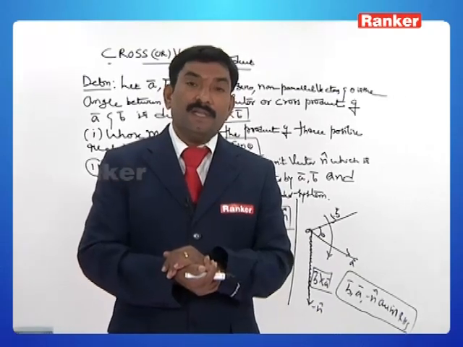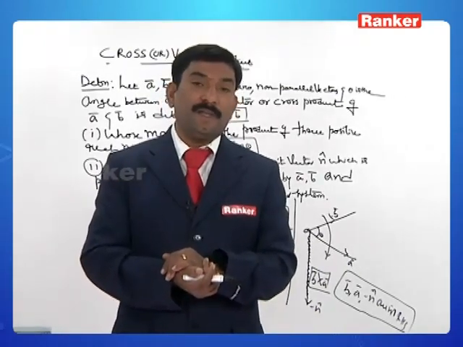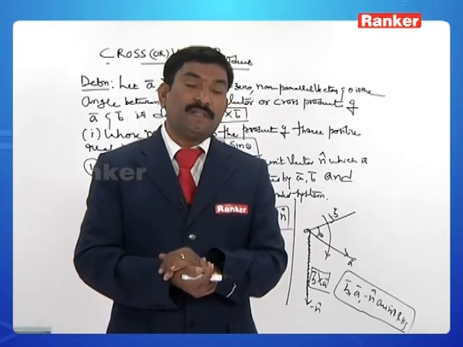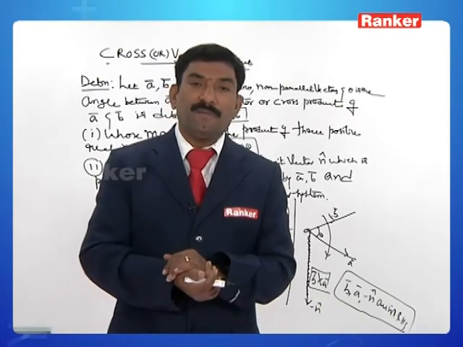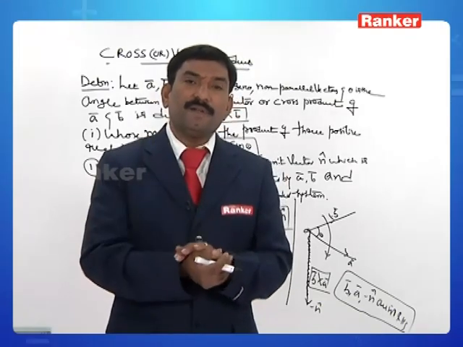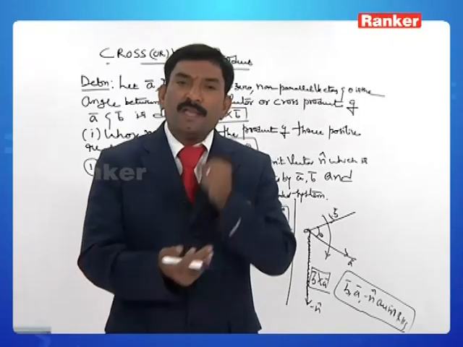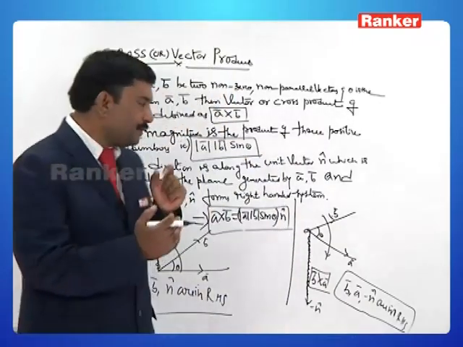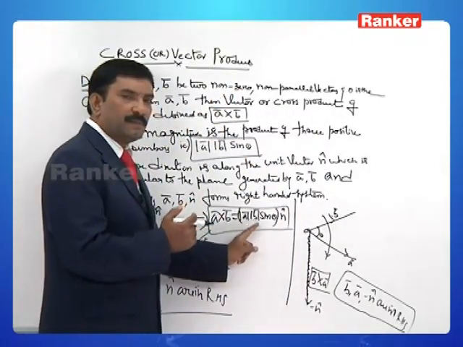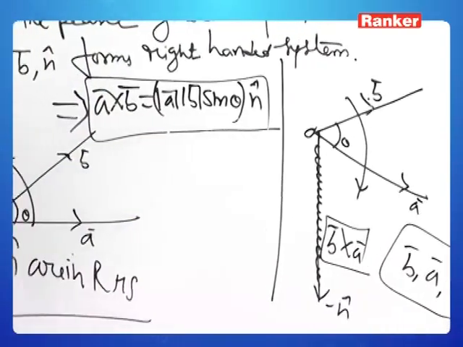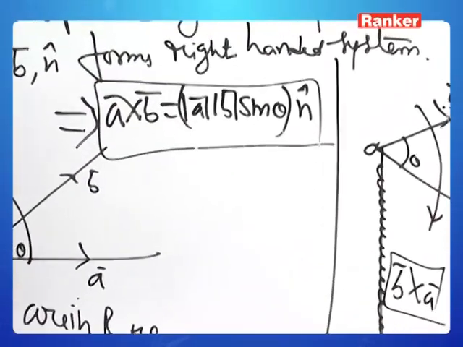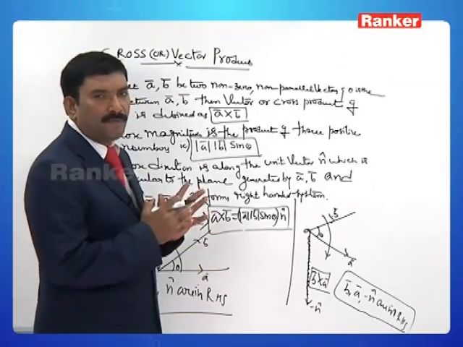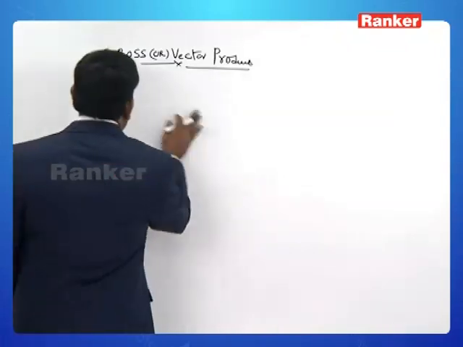And the second one is A cross B is a vector which is perpendicular to the plane containing A bar and B bar, and the number of unit vectors perpendicular to the plane containing A bar and B bar is two. One is n cap, other is minus n cap. And meanwhile, A cross B is always parallel, collinear with n cap. Henceforth, I can write one vector can be expressed as a scalar multiple of another vector. Followed? This is about the definition of cross product. Now look here.